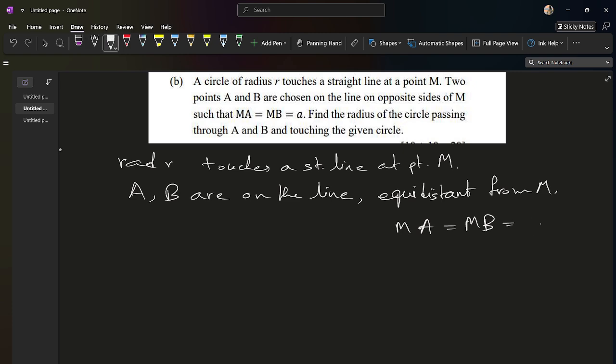Sorry, small a. A new circle passes through A and B, and is tangent to the original circle.